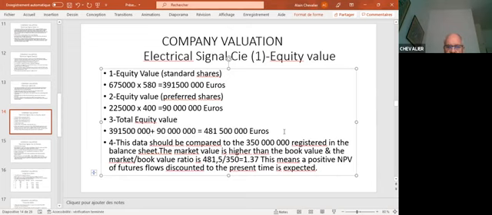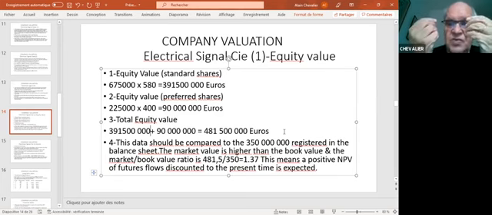And of course, this data, which is the market value of equity, should be compared to the 350 registered in the balance sheet. The market value is higher than the book value, and the market to book value ratio here is 481.5 divided by 350, which is 1.37.